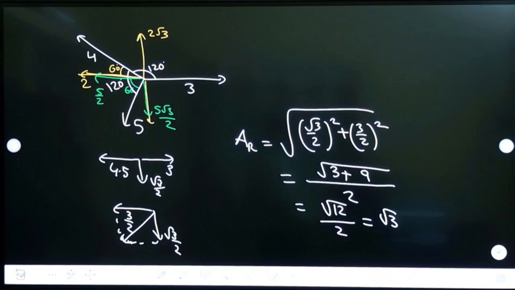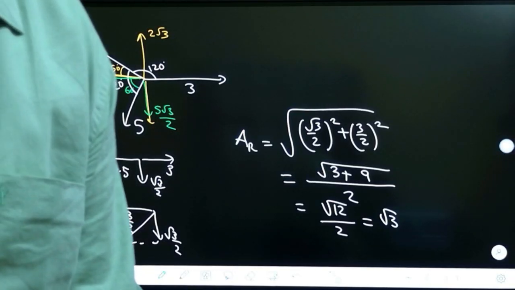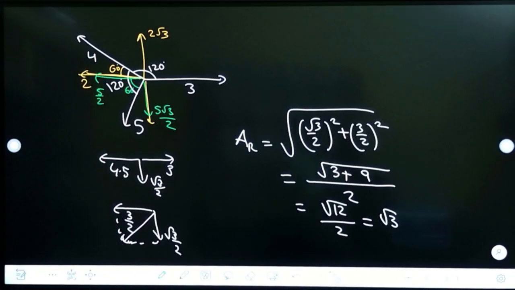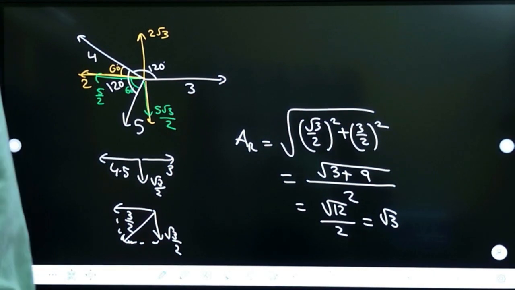This is vector calculus. Okay, any other doubts you have asked? You can tell Kevin. Kevin will send.